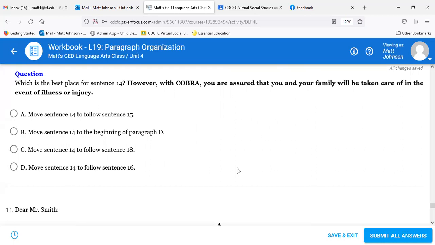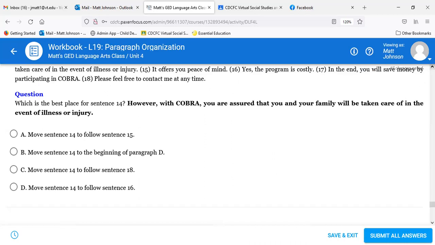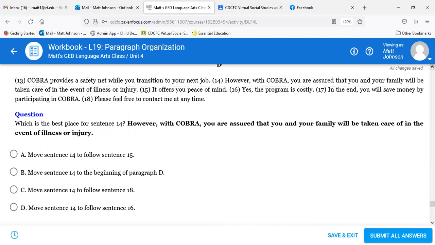Which is the best place for sentence 40? However, with COBRA, you are assured that you and your family will be taken care of in the event of illness or injury. A. Use sentence 14 to follow sentence 15.